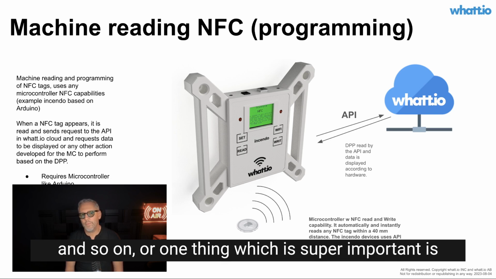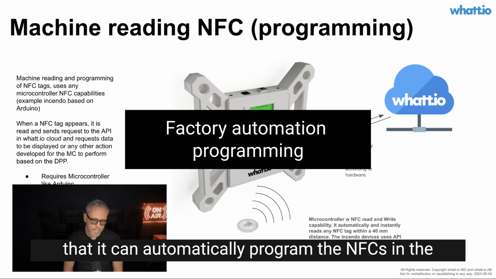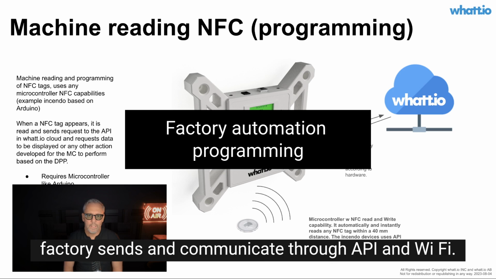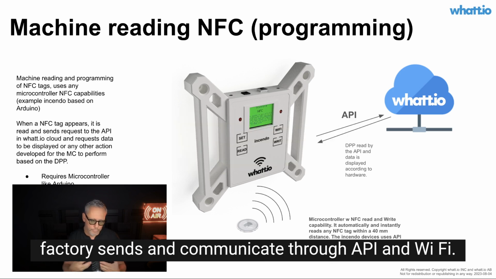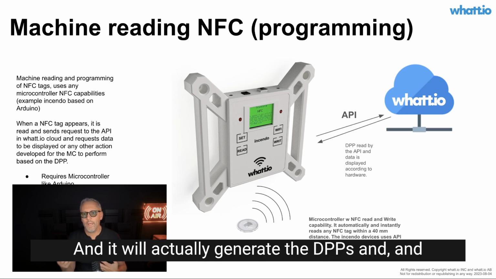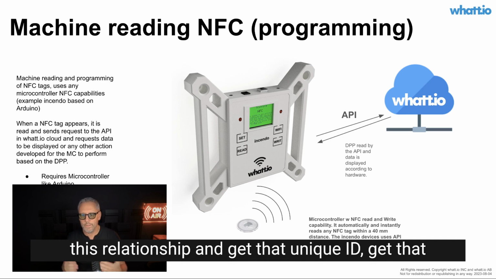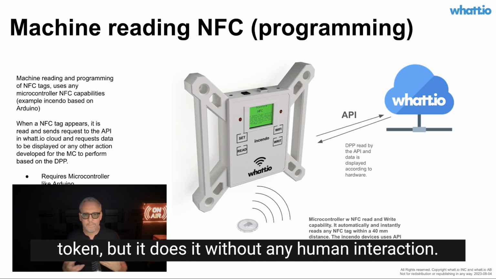Or one thing which is super important is that it can automatically program the NFCs in the factory. It communicates through API and Wi-Fi, obviously, with the What.io cloud, and it will actually generate the DPPs and talk back and forth with the cloud to build up this relationship and get that unique ID, get that token.